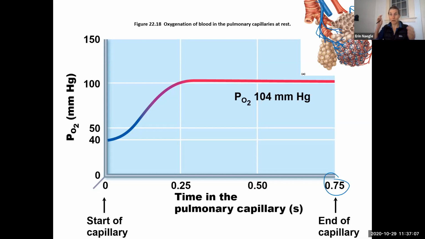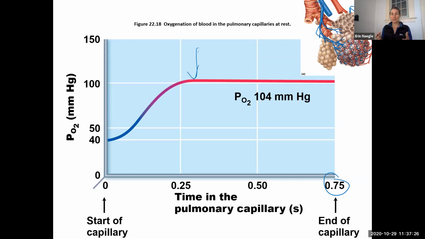So even though this is where your blood is the slowest, right? Remember, in your capillary beds, the speed of your blood is the slowest. It's still spending less than a second going through those capillary beds. But when is it fully oxygenated? About right here-ish, right?